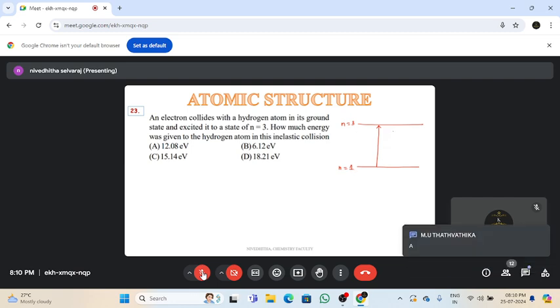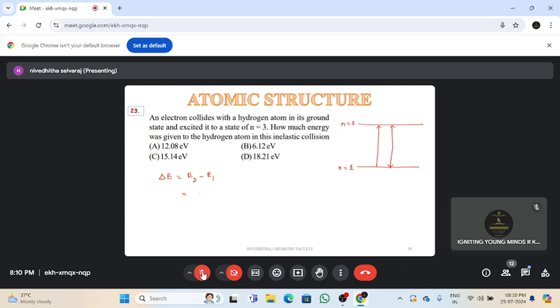So basically we have to find the energy gap between n is equal to 1 and n is equal to 3. So what is delta E, which is the change in energy? E3 minus E1.